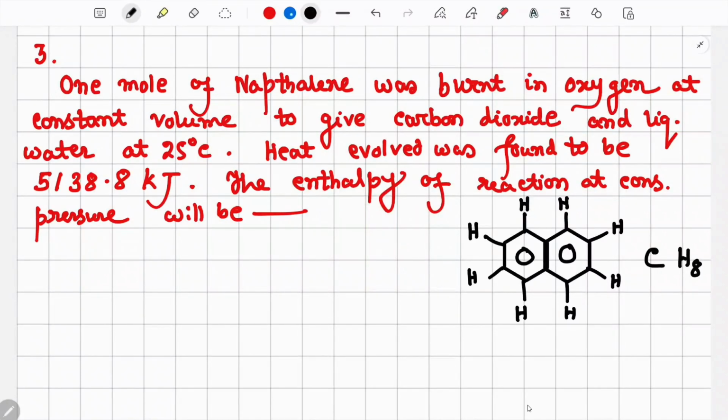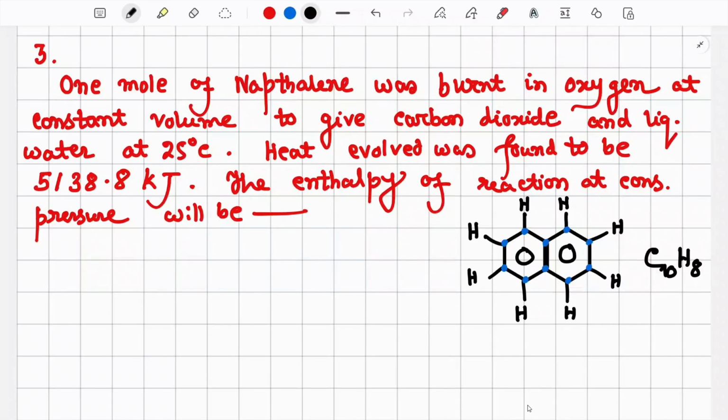How? 1, 2, 3, 4, 5, 6, 7, 8, 9, 10. Yes, this is what I was saying. So I said it is wrong. C10H8. You said C10H10. Okay, whatever. So C10H8, this is the formula of naphthalene.